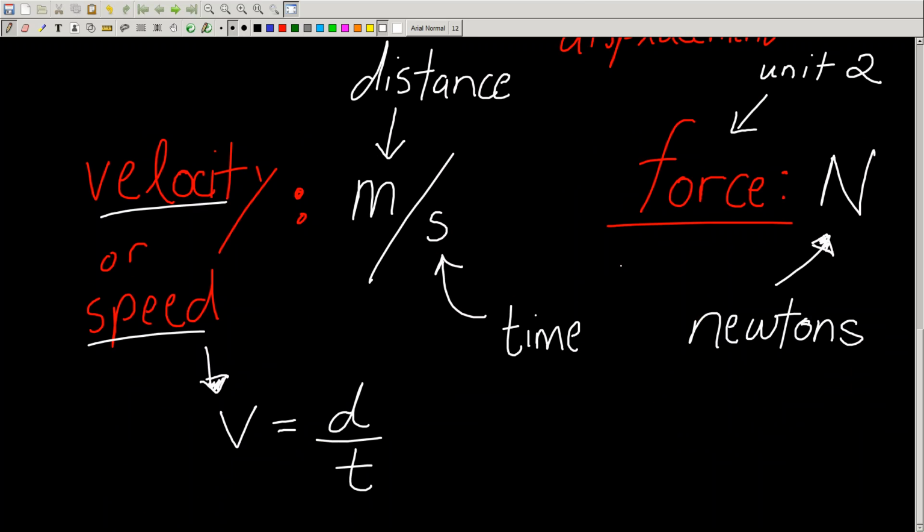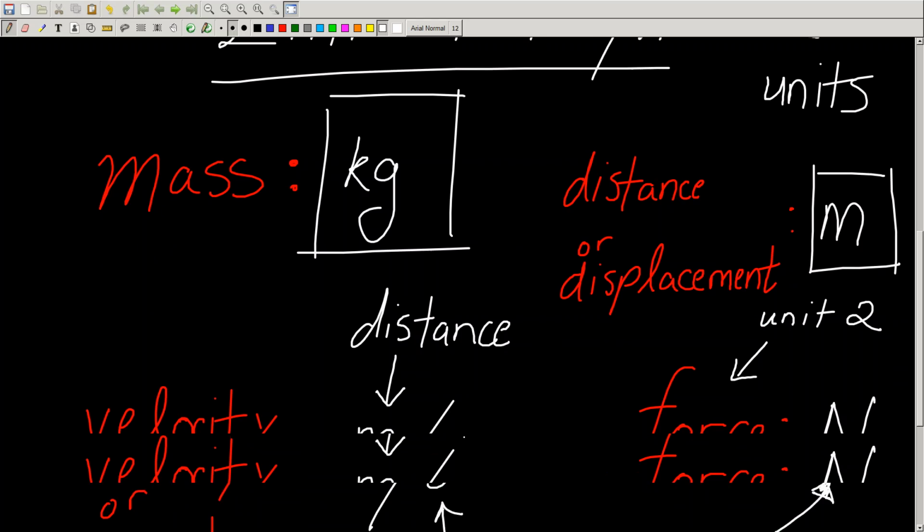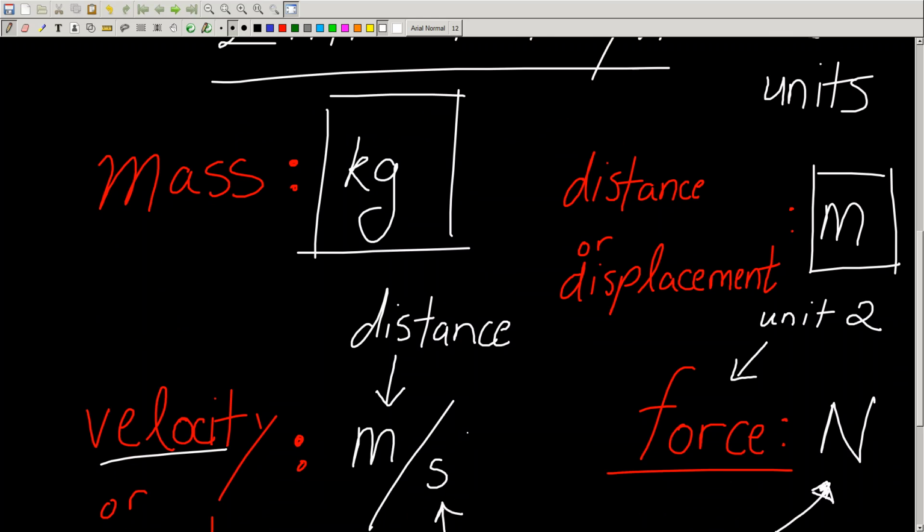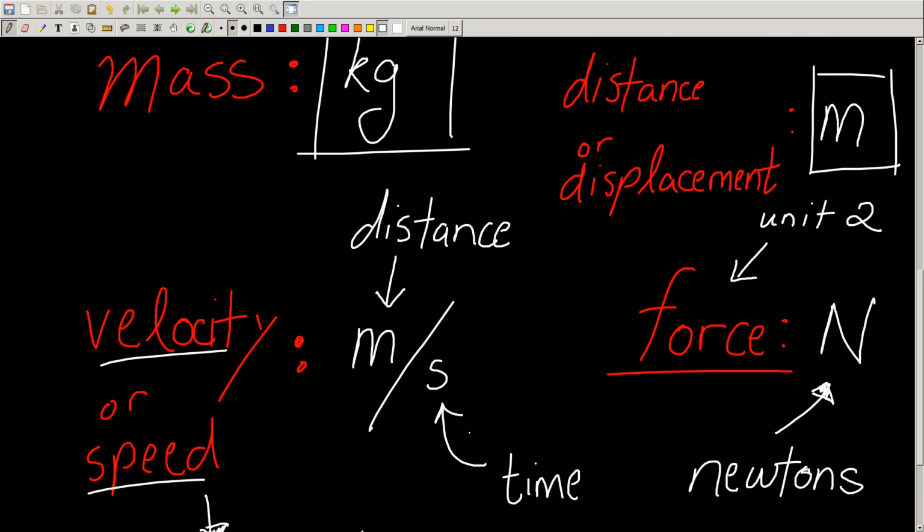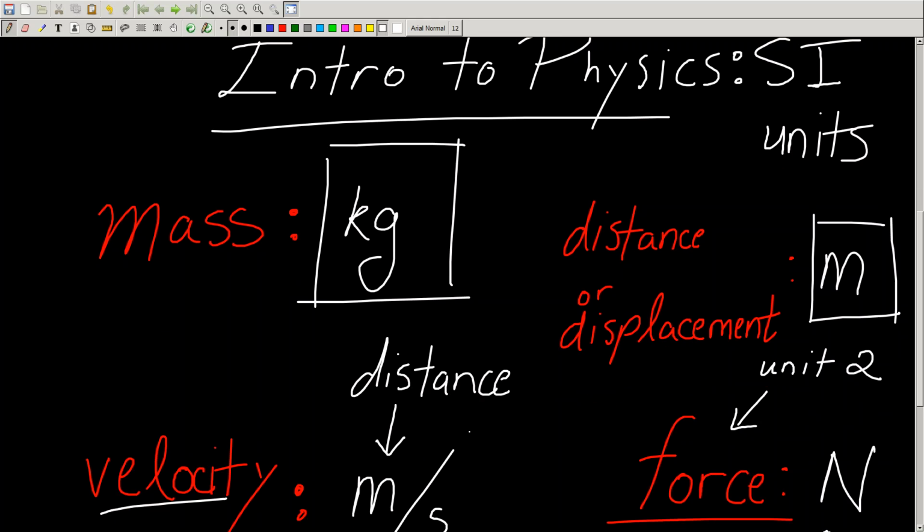So that's basically an intro to units that are really going to matter in this course. I'm going to be posting some videos about specific questions that deal with units and how to convert between units.